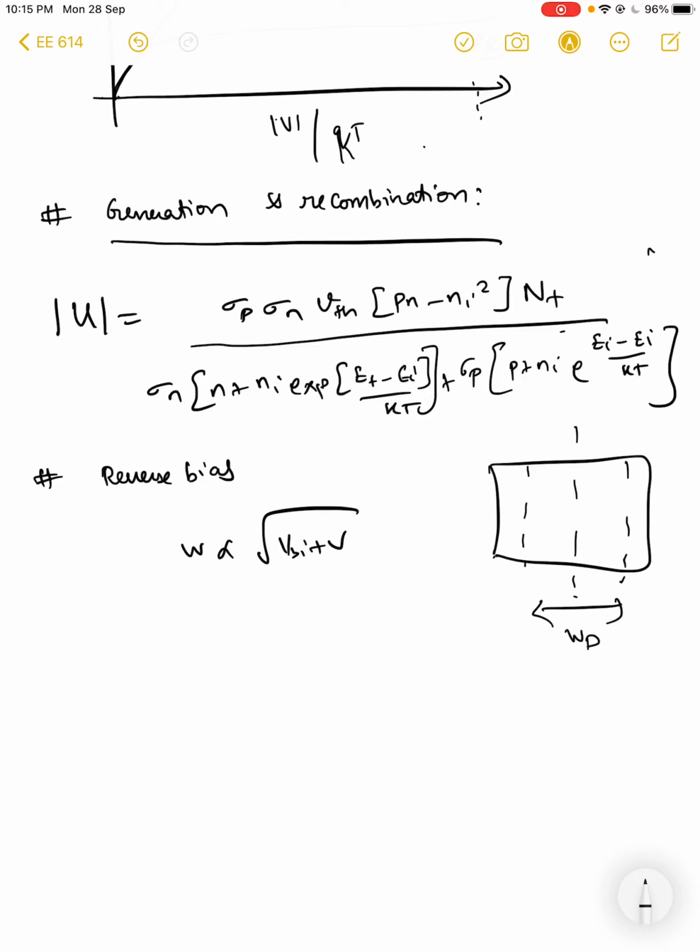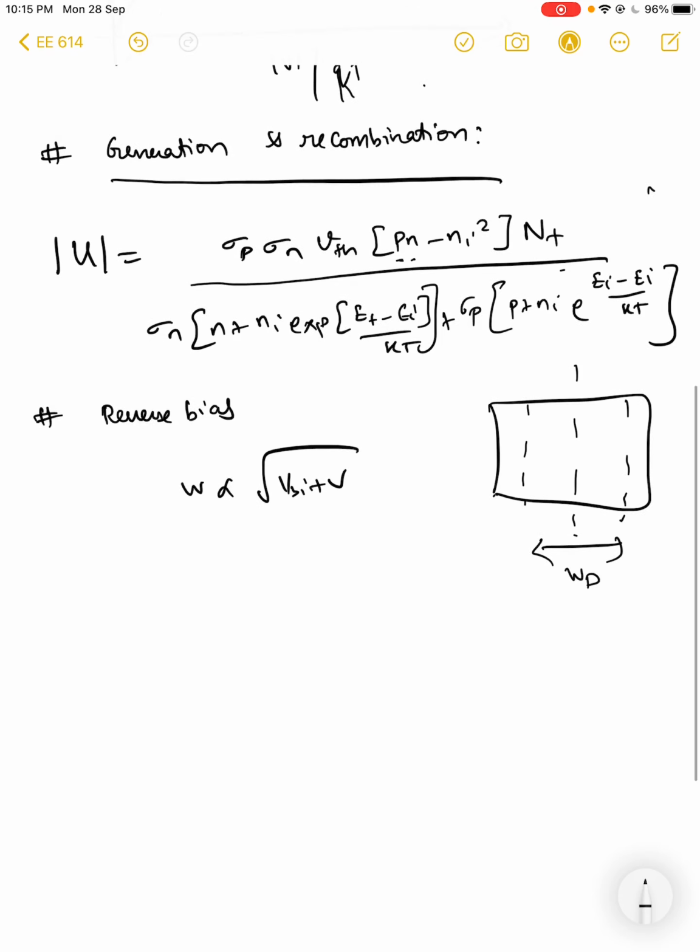So now let us take a look at what happens under these conditions. We are talking about generation and recombination at the depletion width, where the number of electrons and holes are much smaller, right? So we have p into n being much smaller than ni square.